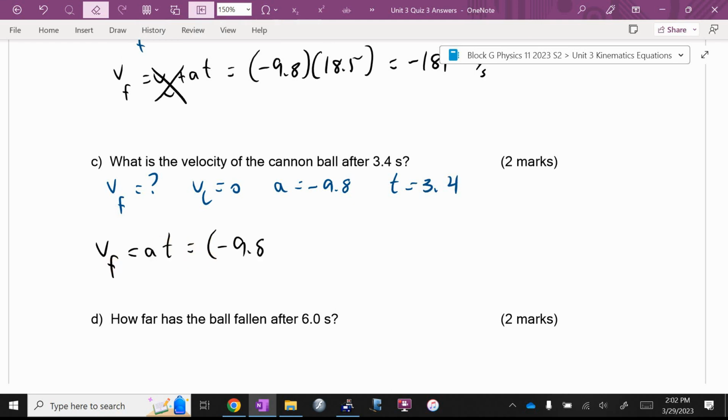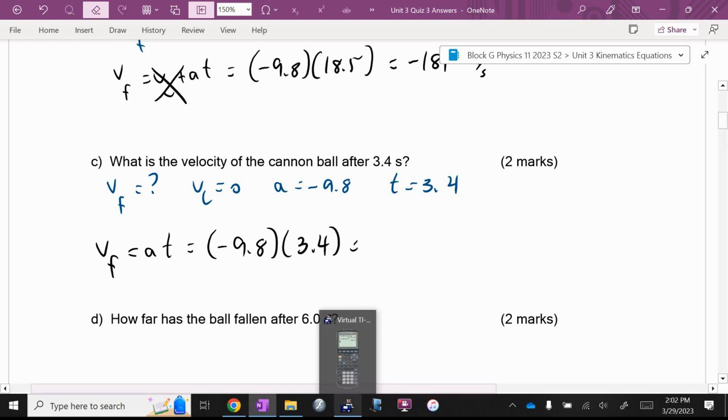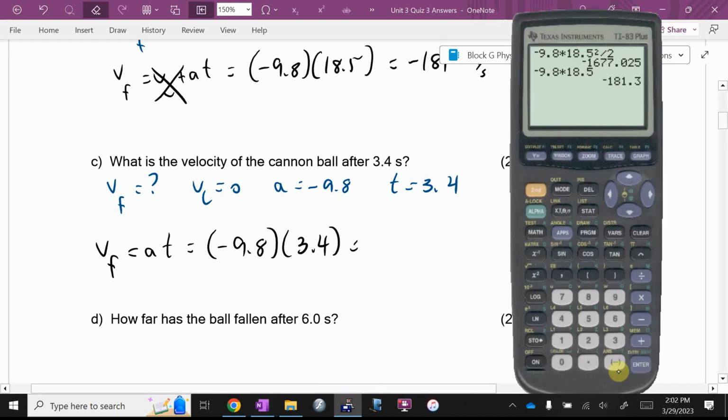It's going to be negative 9.8 times 3.4. In fact, I think if I'm clever on my calculator, I can just backspace and change the 18.5 to a 3.4 and save myself some typing. If you haven't learned, most of your calculators will let you bring back the previous line or even more than that. Several lines ago. That's really handy to have in your back pocket.